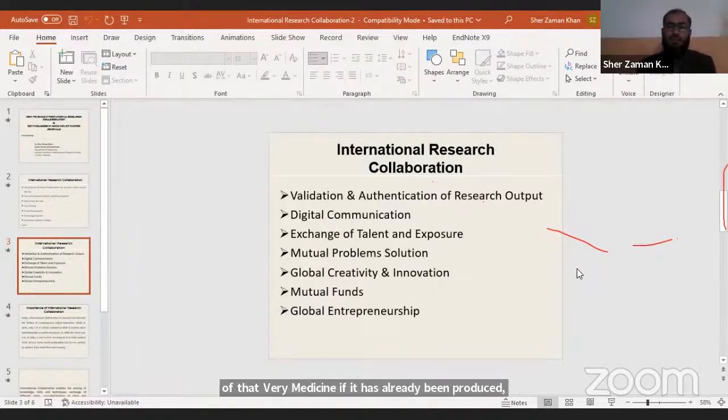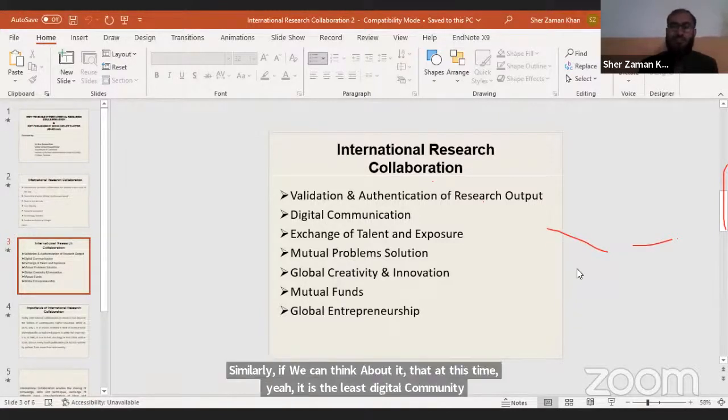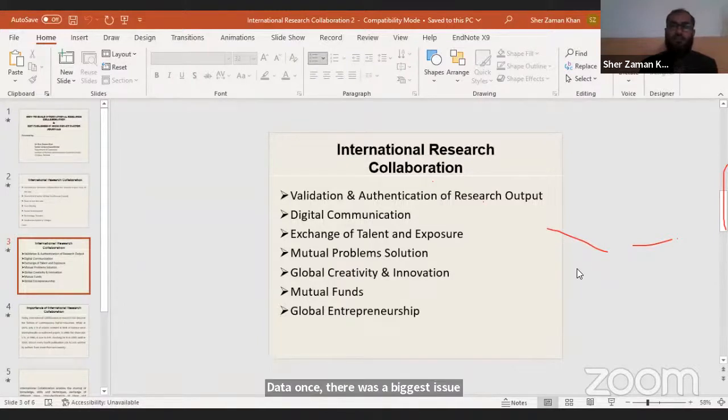Similarly, if we think about it, at this time there is the least cost of digital communication. Once there was a big issue in international collaboration, the communication barrier.